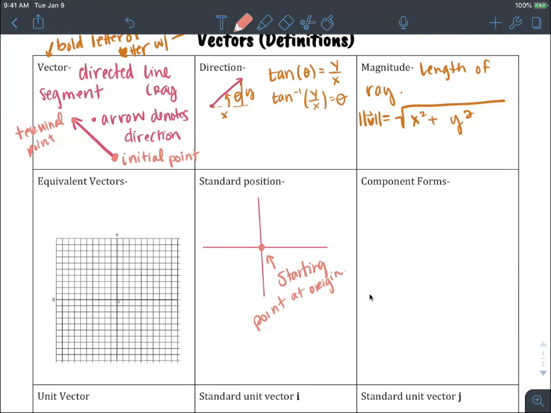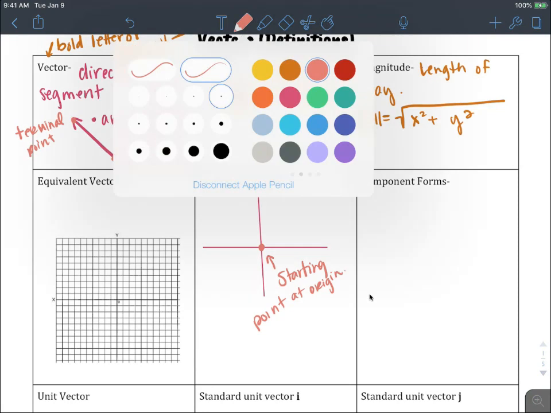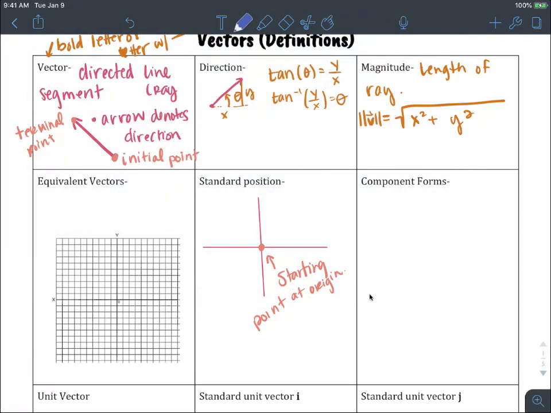So you'll see a lot of that terminology as you read through the directions for your vectors. So back to the standard position, if I have a vector in standard position, it starts at the origin and then goes out from there. Okay, so that's going to be our standard position.